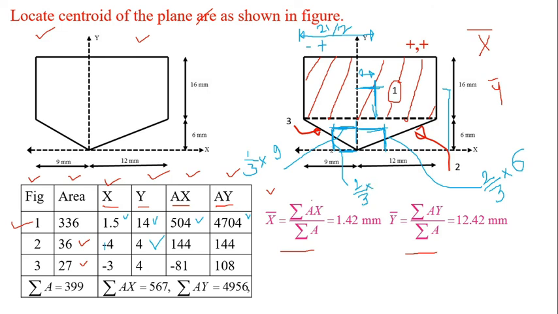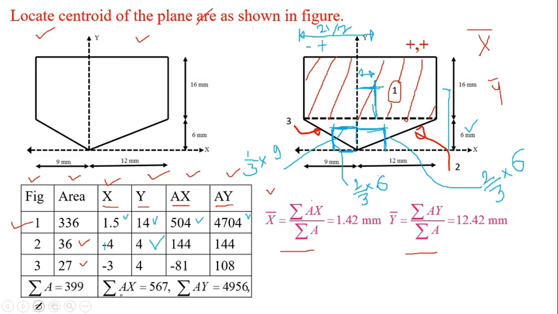The dimension which is parallel to this distance is 6 meter, and hence 2 by 3 into 6 is equal to 4.